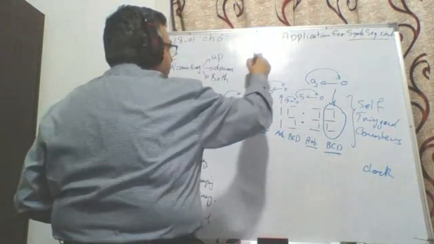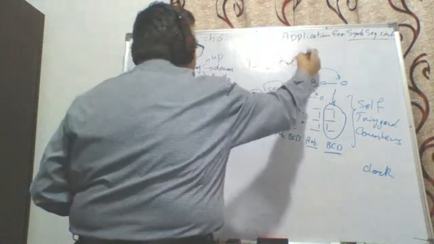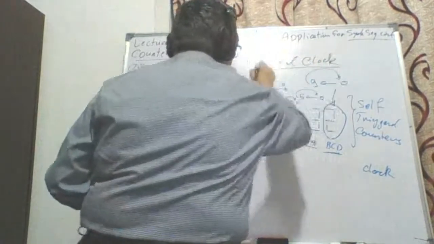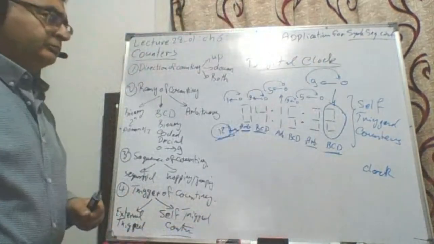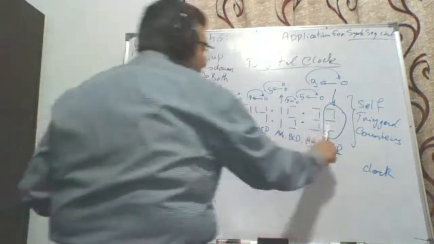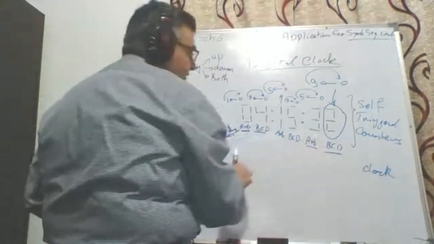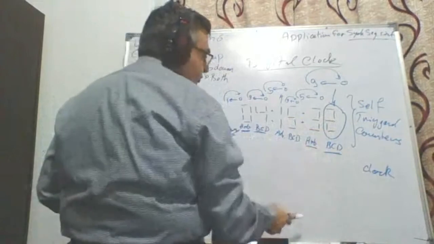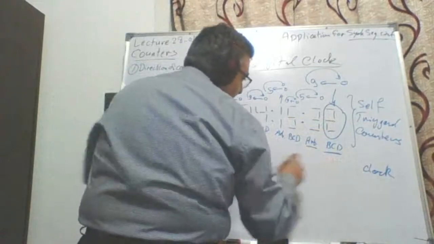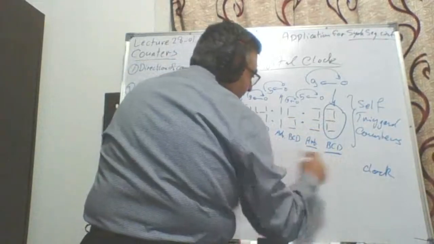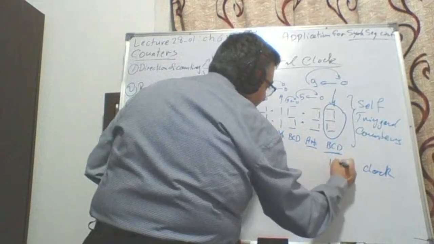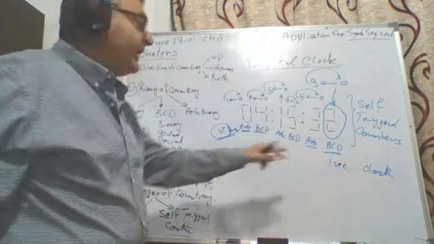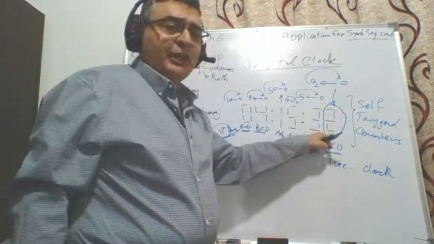This is the digital clock. So what will make each of those count differently than the other is the clock. So the clock for the first should count every one second. Every second this counter should count.